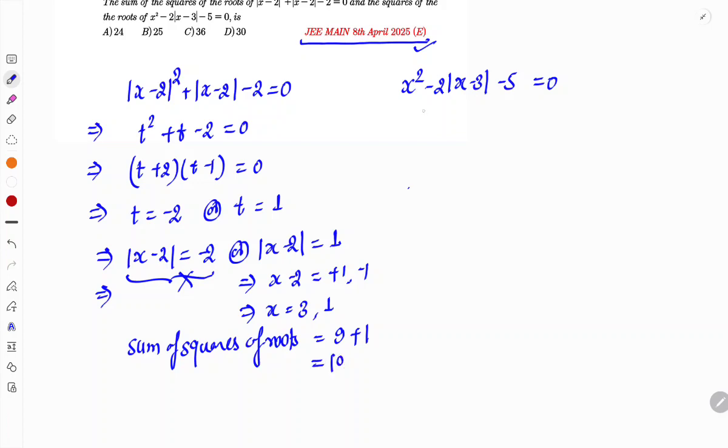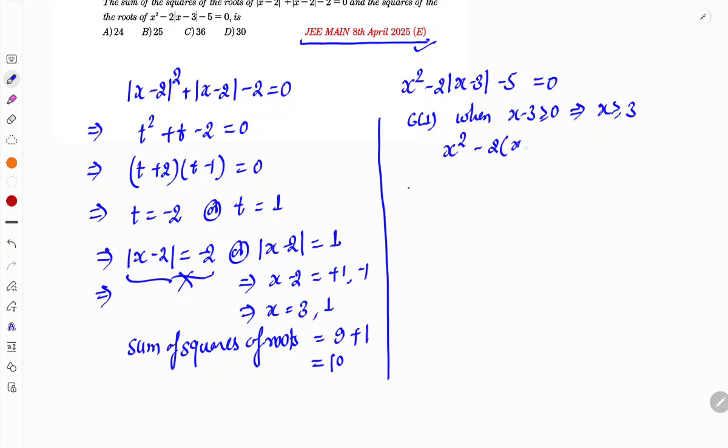Now we'll solve this equation. I told you about this type of question: it is not like (x-3) whole square, but x-3 written in mod. So here we apply case number 1: when x-3 is greater than or equal to 0, meaning x is greater than or equal to 3, the mod opens with the positive sign. x^2 as it is, minus 2(x-3), minus 5 equal to 0.